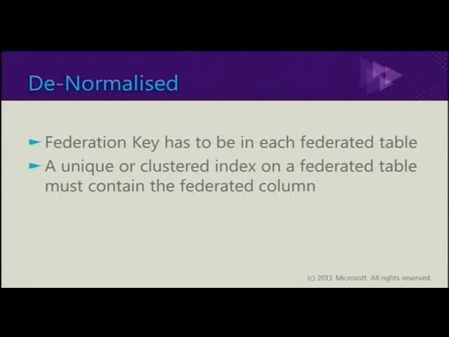But all order detail needs is a foreign key to the order table, to the order ID. If we want to put this into an atomic unit, if we want to put it into a federation, we have to put the customer ID in the order detail table as well. So the degree of denormalization here is that the key that we're using as the distribution key has to be in all the federated tables.